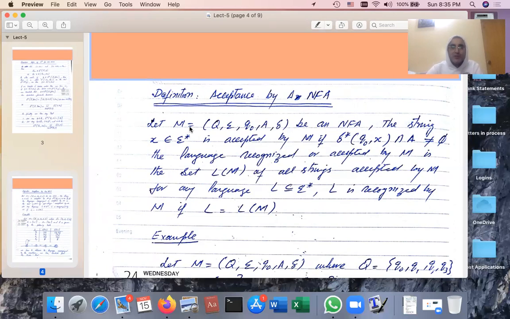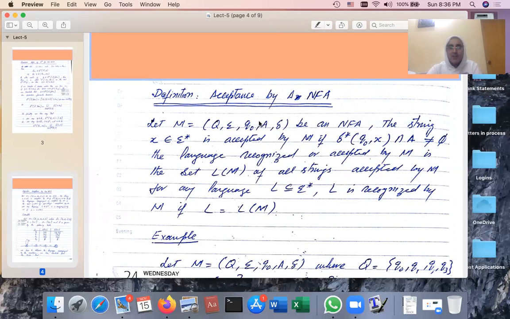So suppose we have an M containing these 5 tuples, and this is an NFA, N for NFA, not exactly N, but N starting with A. Anyhow, for an NFA, the string X belongs to sigma star.